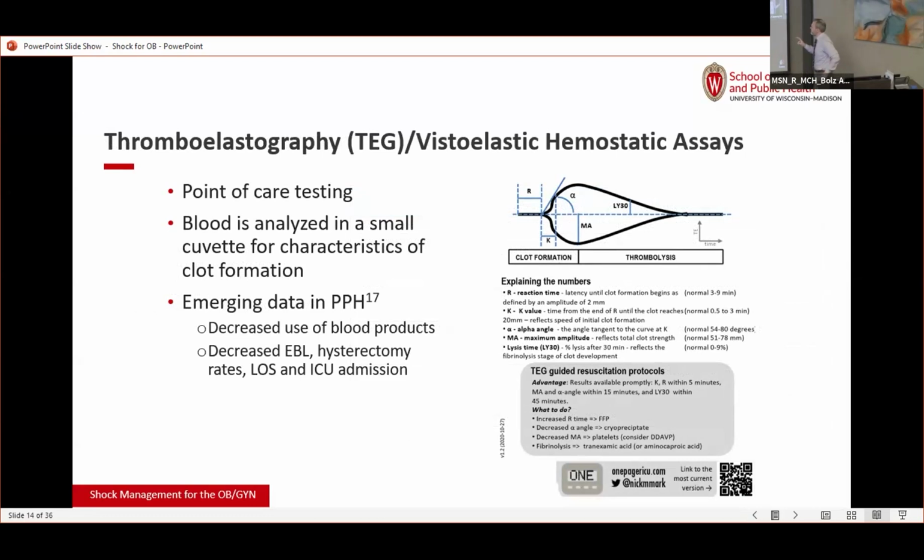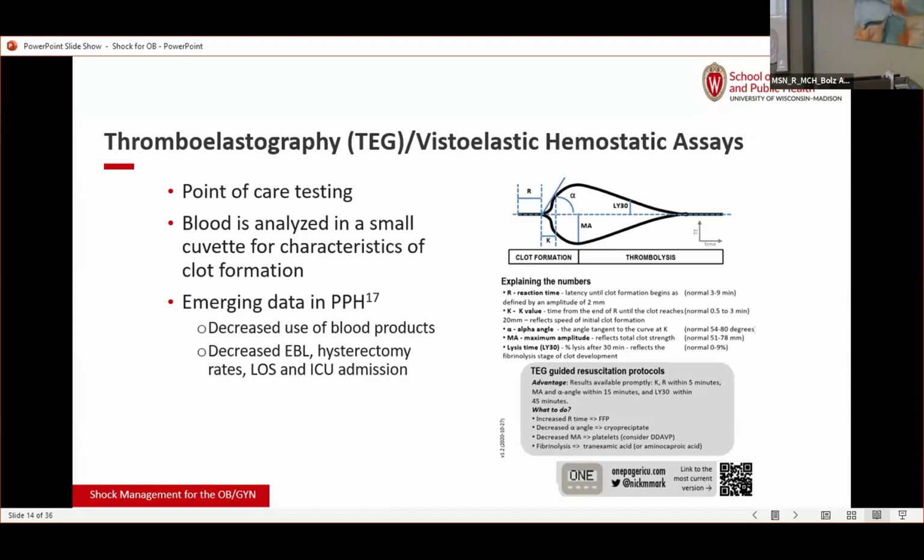This is showing us this R time here, from when they start to when the clot starts to form, okay? And if that's prolonged, like you have a really long R time, they need more product, so FFP or cryo, so that they can start the clotting process, because that means it's delayed, there's not enough product.